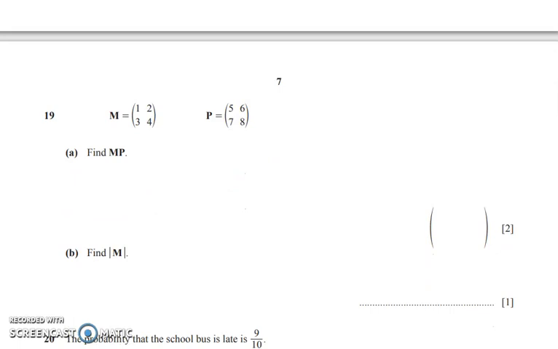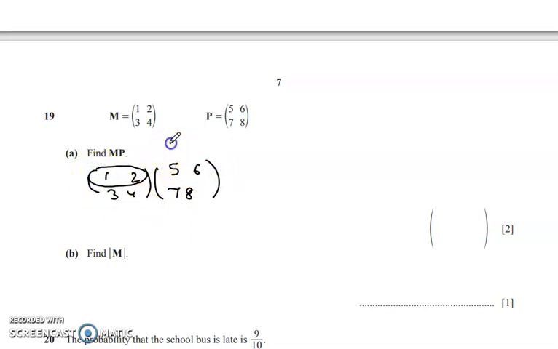Now find MP. These are matrices, so M into P, so we have to multiply. This is M and this is P, so I'm writing M as 1 2 3 4 and P as 5 6 7 and 8. We have to multiply row with column, that is the rule. So I'm going to write 1 into 5 plus 2 into 7.